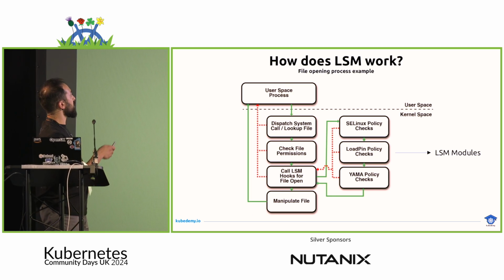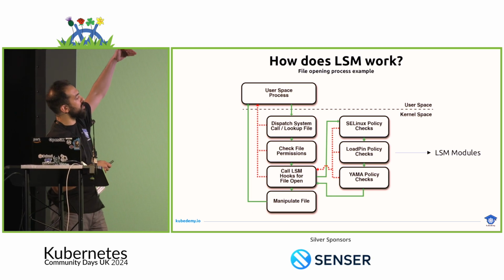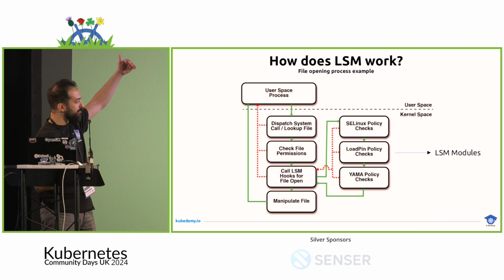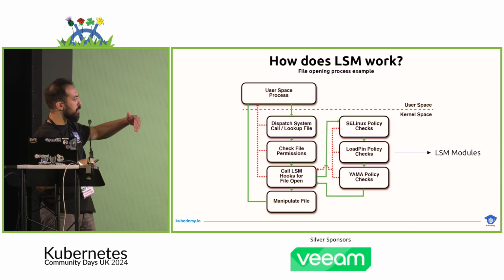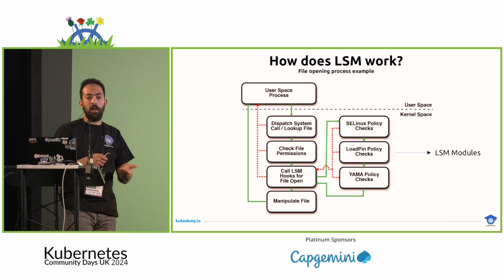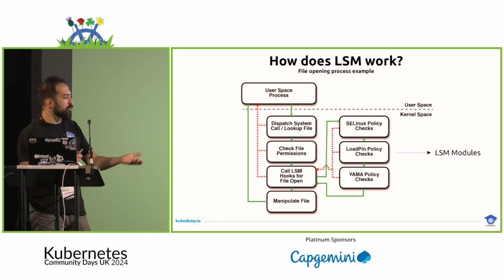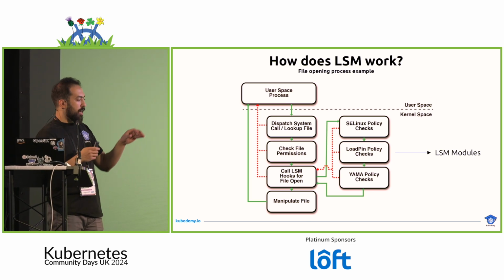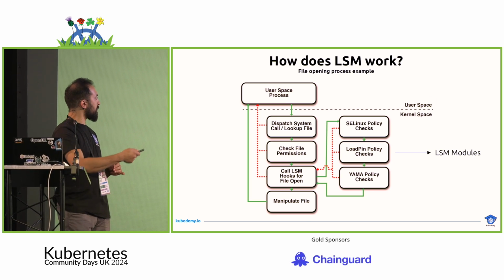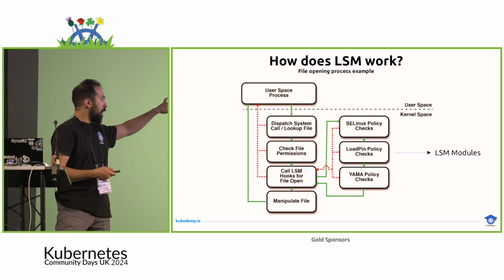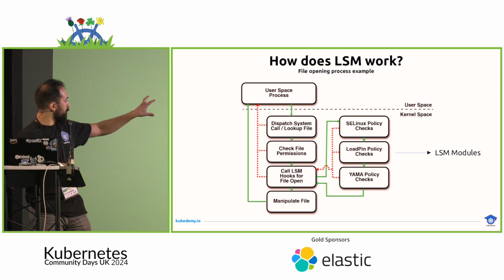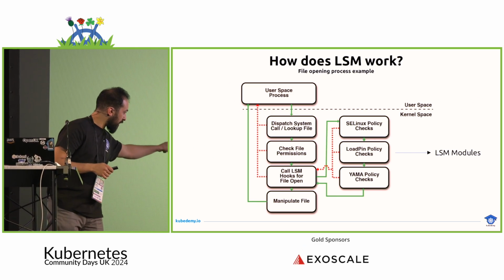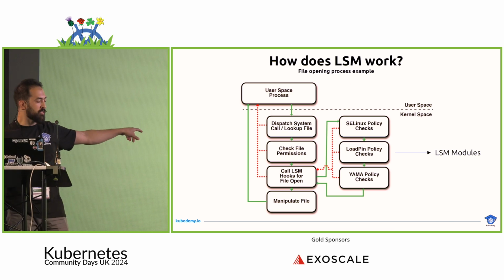This is the process when a user space process tries to invoke a system call and access some resource within the system. The system dispatches the system call, first the kernel checks for the permissions, and then it gets to the LSM hooks.